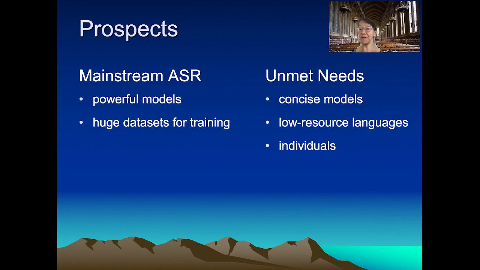Now, this produces big models, and those sorts of resources are not available for low-resource languages. So there are potential unmet needs where explicit prosody modeling might, in fact, be useful for speech recognition.